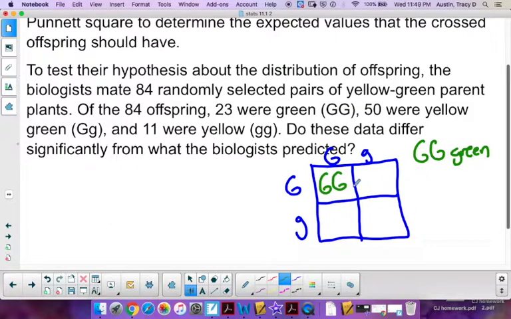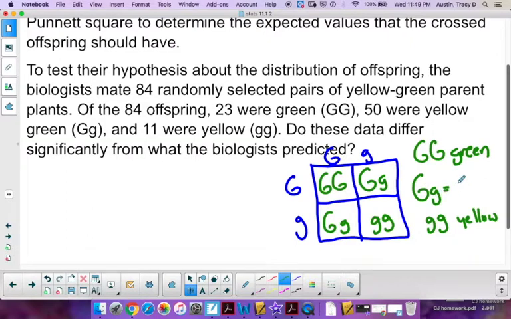Okay, you have big G, little g, big G, little g, and then little g, little g, which is yellow, and big G, little g, which I think they called yellow-green.